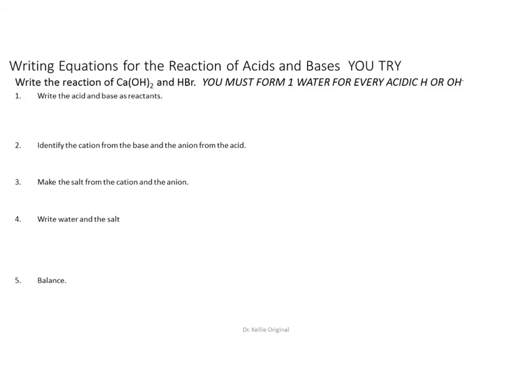Write your acid and your base. I've got calcium hydroxide, aqueous, and I have hydrogen bromide, aqueous. I know I'm going to form water. How many waters am I going to form? Well, I have 2 hydroxides here, so that means in my overall equation, I'm going to wind up forming 2 water molecules.